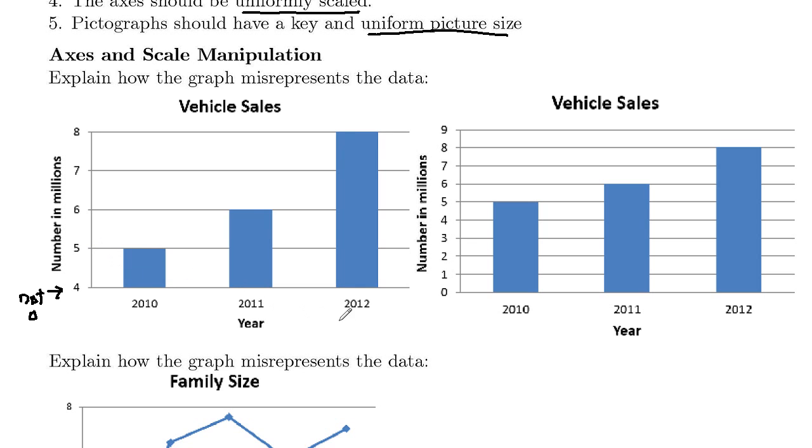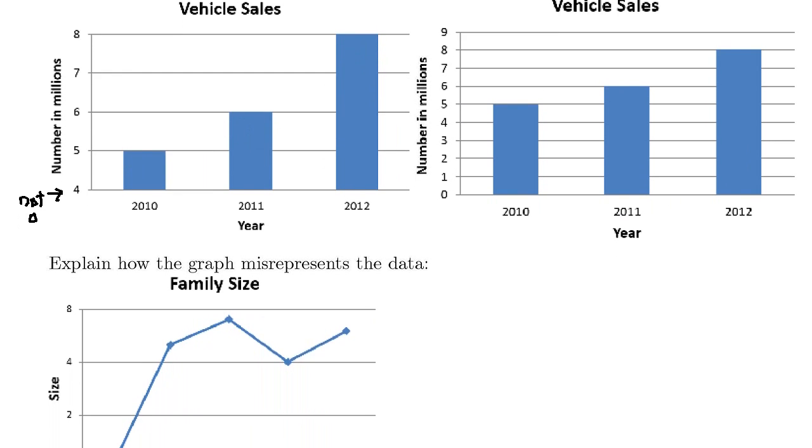That's deceptive. Here's the same graph redrawn, but now the scale starts at 0. You can see that while there is an increase from 2010 to 2012, it's not nearly as great as what it looks like here. It's not 4 times as many vehicles that were sold. So that's a baseline change.